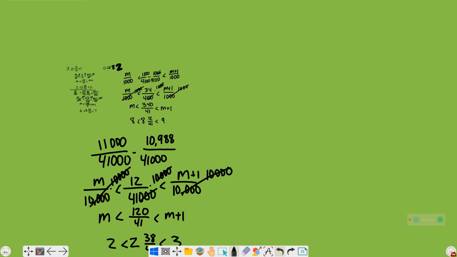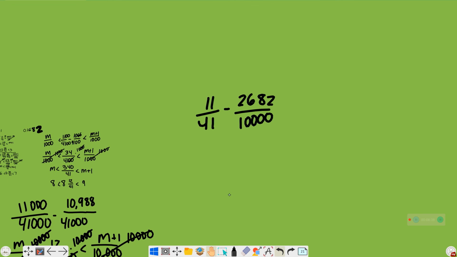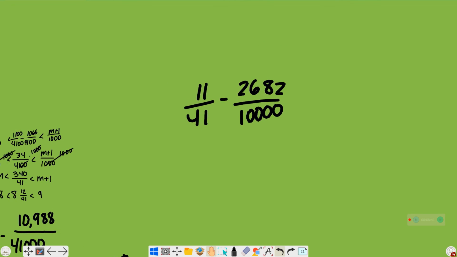We're almost done. So we've got 11 over 41, and we need to remove 2,682 10,000ths. To do this, we are multiplying by 10,000, which gives 4 zeros. And on the other side, we're going to multiply the top and bottom by 41.